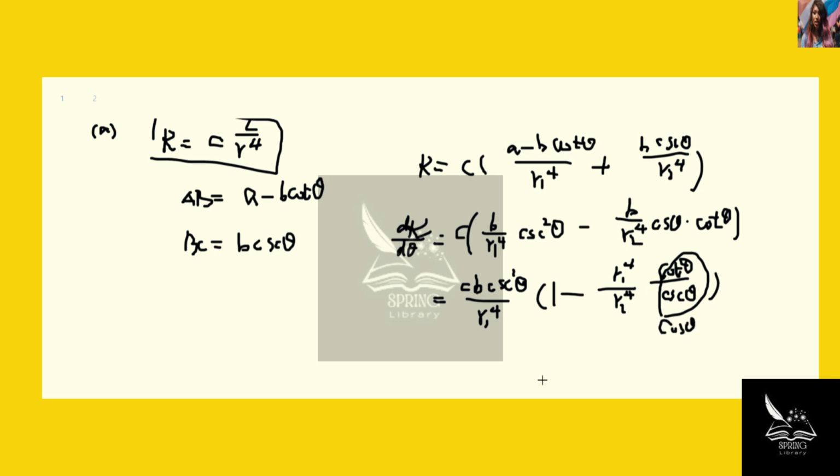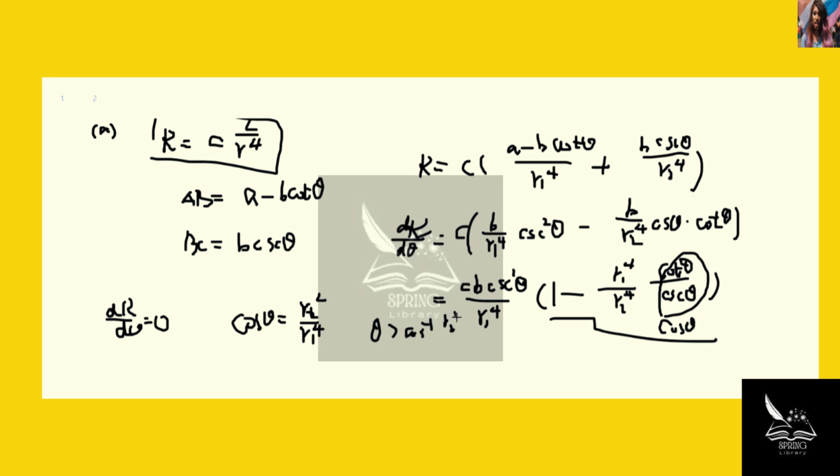If we let dR d theta be equal to 0, we have cosine theta is equal to R2 to the power of 4 over R1 to the power of 4. So when theta is greater than arc cosine of R2 to the power of 4 over R1 to the power of 4, we have dR d theta greater than 0.